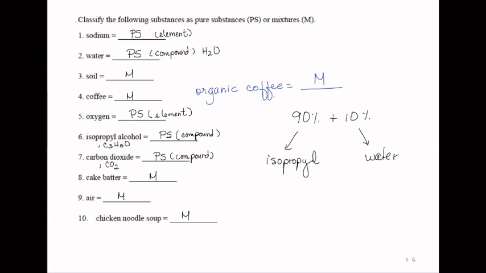If we investigate this, you will have this in the jar. You will have both of these things found in there, because isopropyl alcohol is its own substance and water is its own substance.